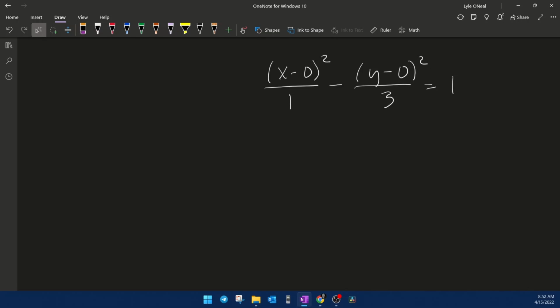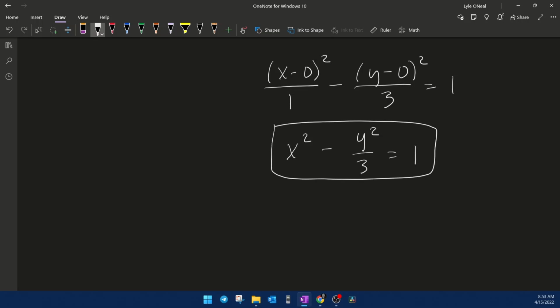And then if we simplify x minus 0, that's just x squared over 1. I don't really have to write the fraction if I don't want to there. Minus y squared over 3 equals 1. And so this should be our final answer.